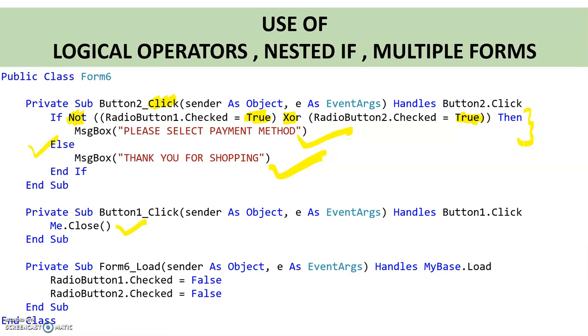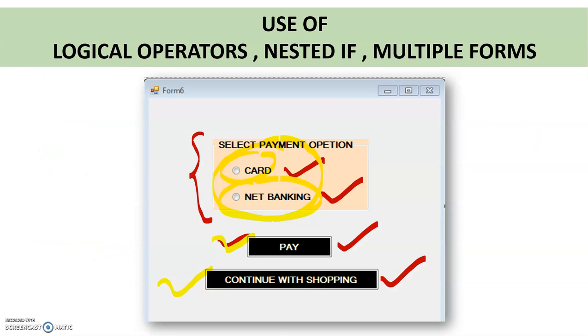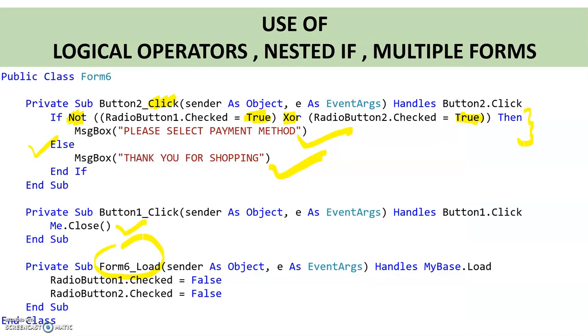And the last one is when you load this payment form, by default if you notice both the options are unchecked, meaning both the options are false, because we cannot directly give a selected option to the user, right? So we have mentioned that both the radio buttons should be false when you load the form, right?